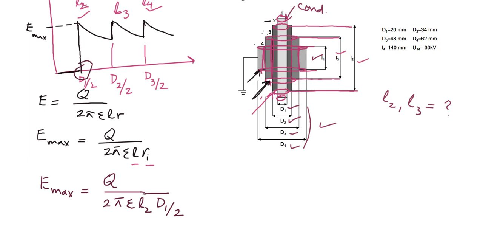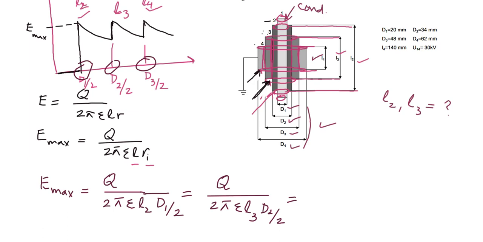Then at this point, the electric field is also equal, so that is equal to Q over 2 pi epsilon L3 d2 by 2. Okay, and then at this point, the electric field is also equal.